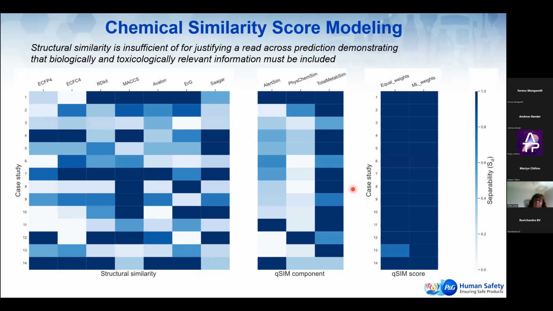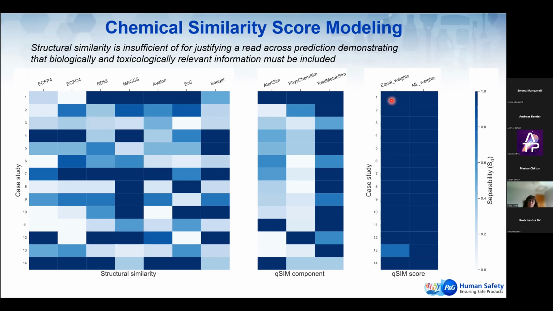But what Mahmoud did show is if we take our total score and equally weight each one of these attributes, how does that compare? How is the separability that he defines? And we found that the equal weights work pretty well across all 14 case studies.